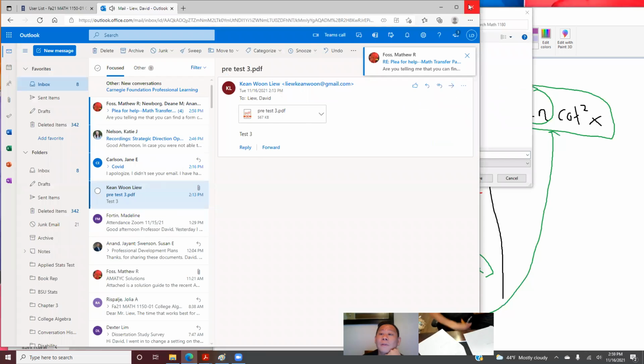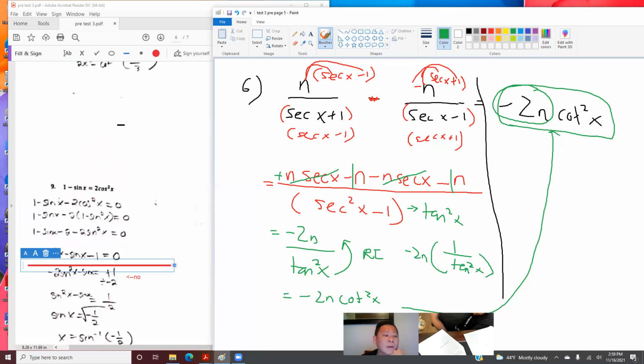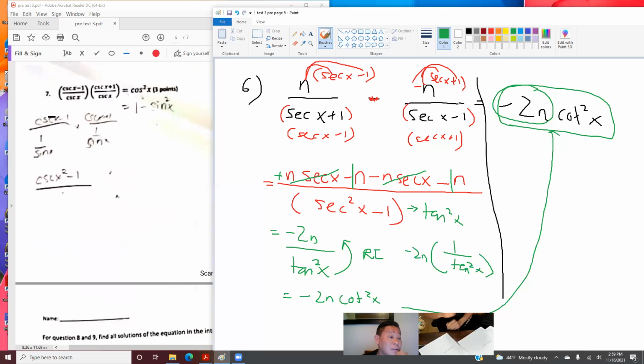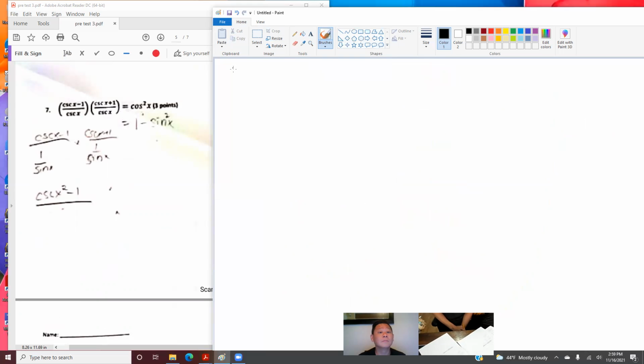All right, next. This you get. This is good. What you did on number 7 is correct. The top one is correct. You get cosecant squared x minus 1. Then you just stop.